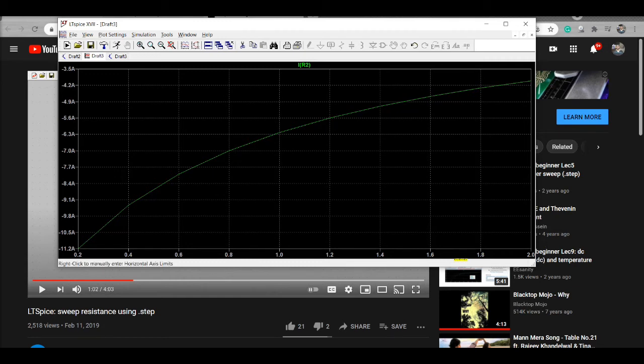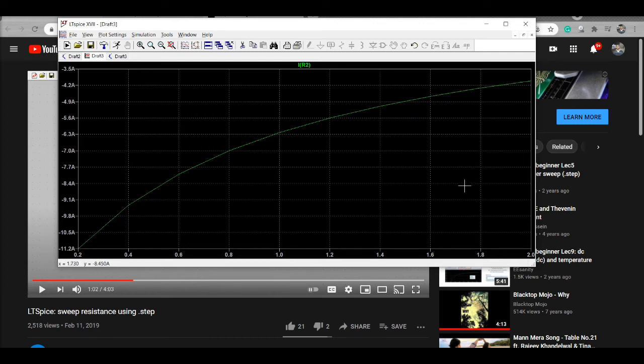When you point the cursor at 0.2, what's the value? You can see the Y, which is minus 11.2. For your case, make it 11.2. It's just based on the current direction. Similarly do it for 0.4, 0.6, 0.8, 1, 1.2, 1.4, and 1.6, and note down the current.